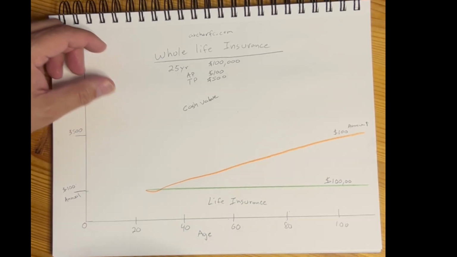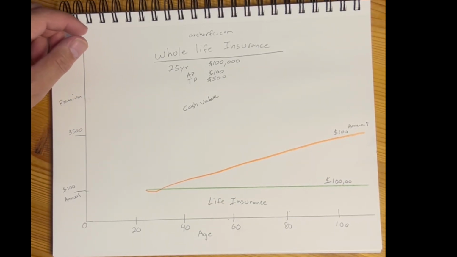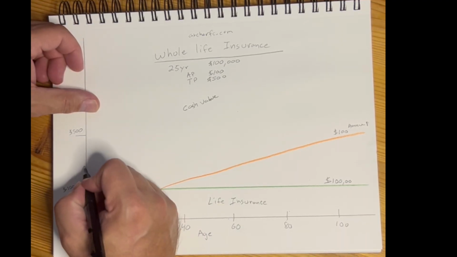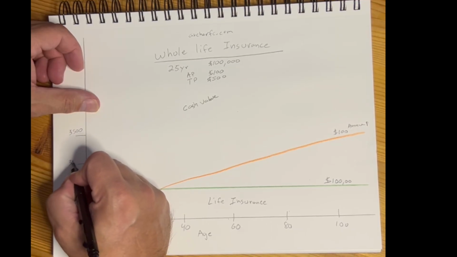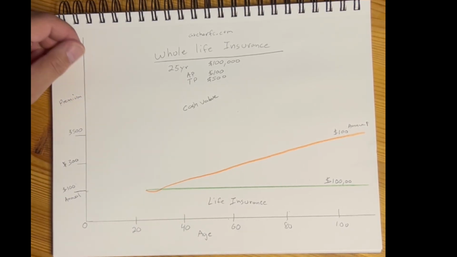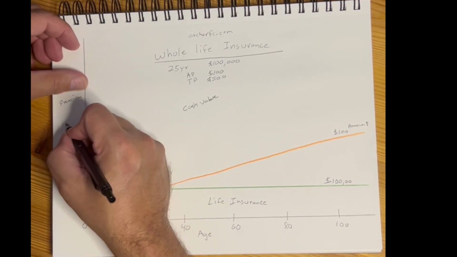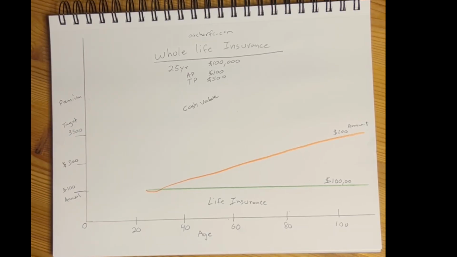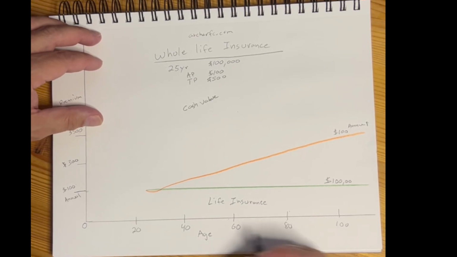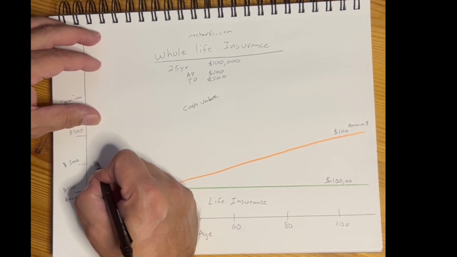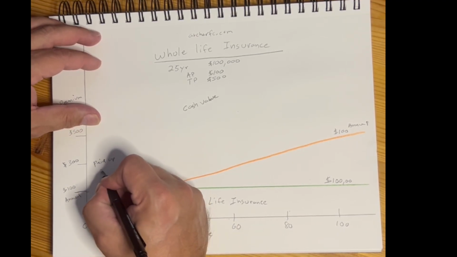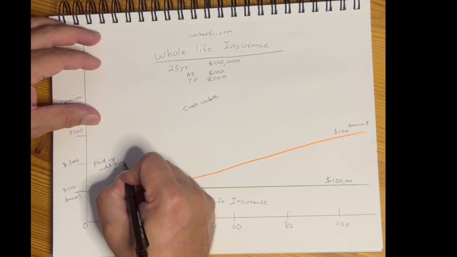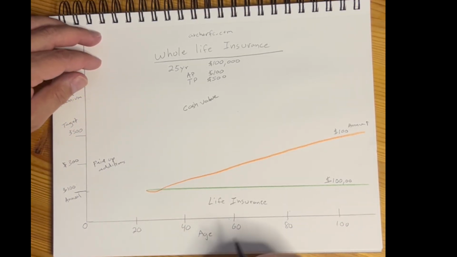Now let's say when we put the policy together, this person decided they were going to pay $300 a month total, an extra $200 a month against the target premium. Because this is whole life insurance, we're going to use our paid up additions to add to our policy.